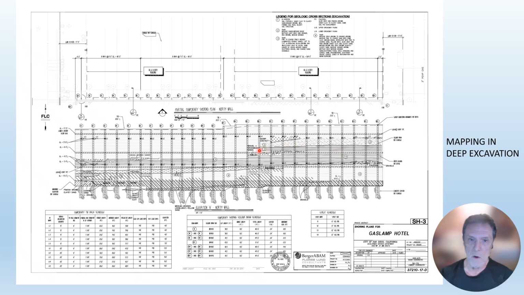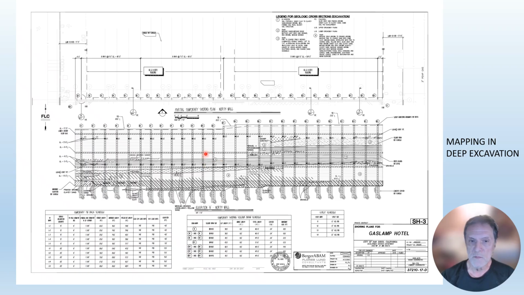So here's a sketch or a drawing of one section of an underground excavation. Here are the steel soldier beams that are put in first, and the lagging, of course, you might not be able to see that. Each course of lagging is a foot wide, and you have really, really great mapping control here. You know the elevation that you're at any given point.